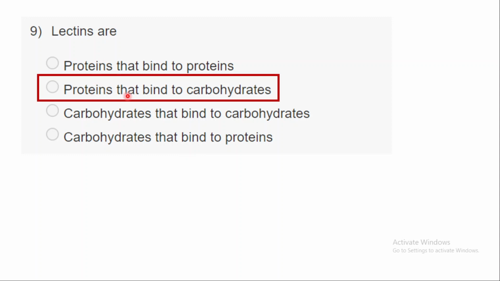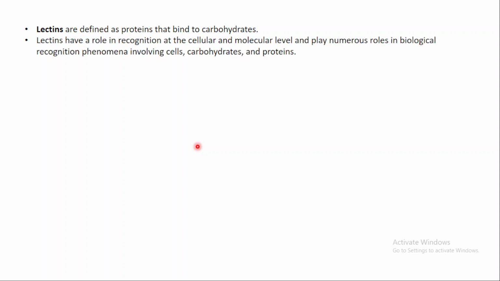Lectins are proteins that can bind carbohydrates. That is the definition I was coming to. Lectins are defined as proteins that can bind to carbohydrate. So you are right, there is a protein and carbohydrate interaction, but lectins are proteins. Generally, any molecule with an "in" ending refers to proteins, like ferritin, which is a protein.